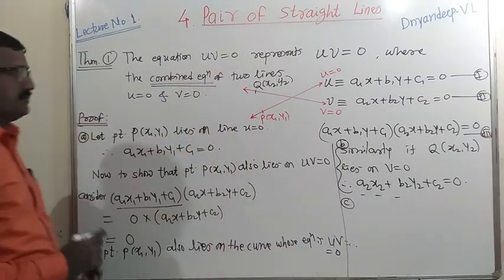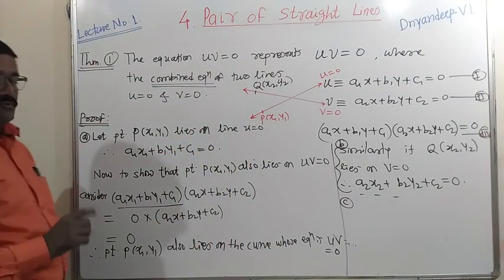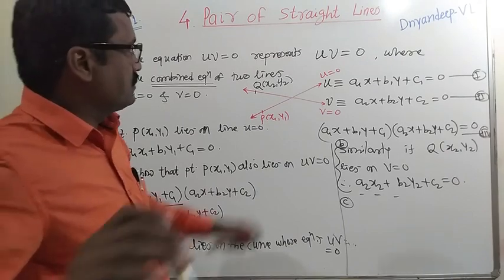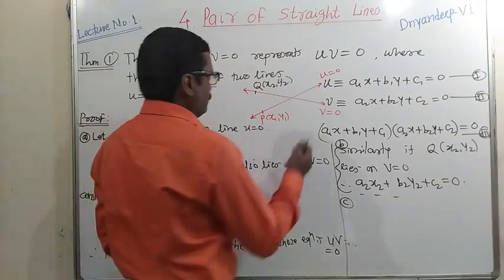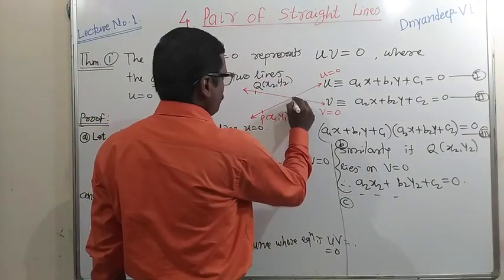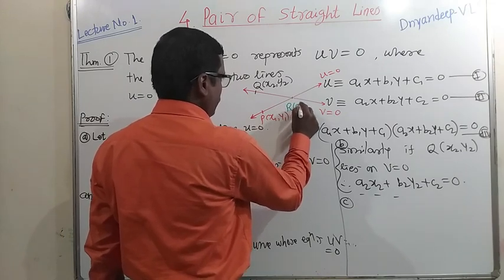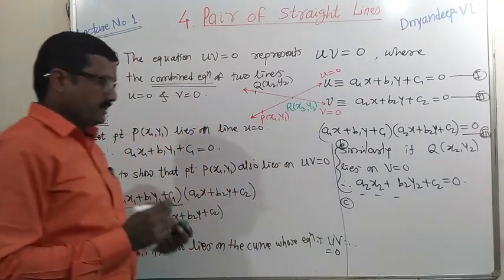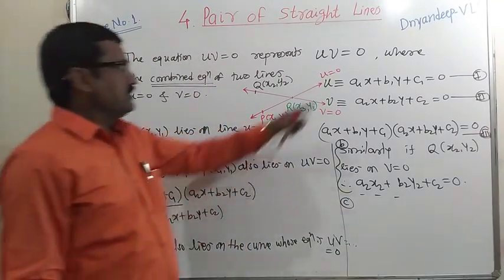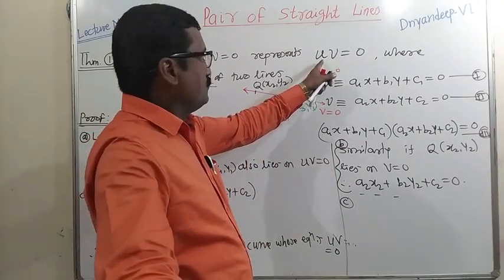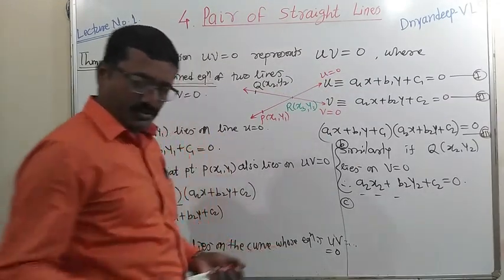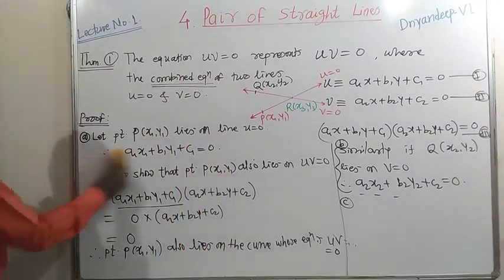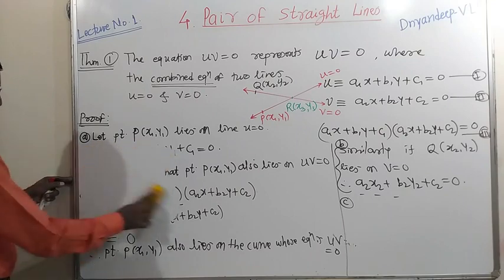And in the third part, what will we do? We will take one point which lies on this curve. We will start with one point, suppose R(x3, y3). This third point R(x3, y3) lies on a curve whose equation is uv = 0. So let us start with that third part.